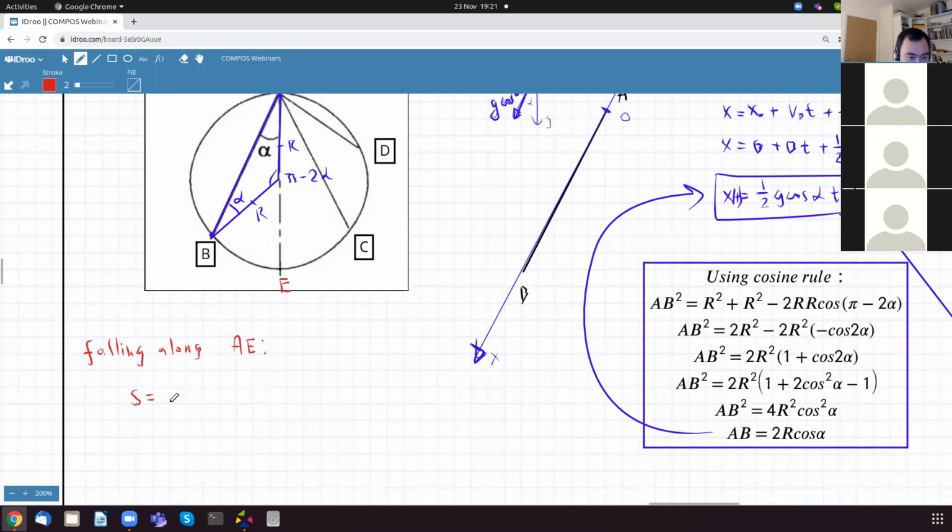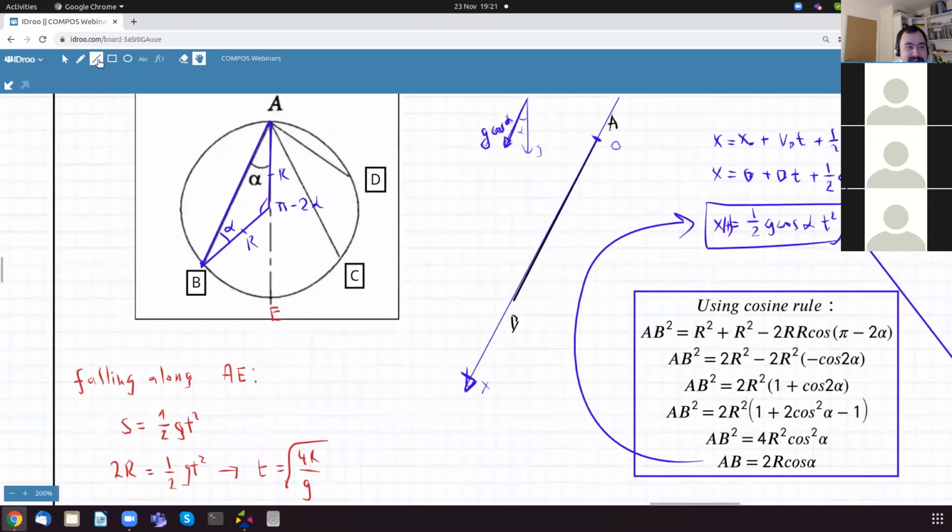S is equal to 1/2 g t squared, because literally it's free fall, with initial position 0 and initial velocity 0, and the distance to fall is 2r. So 2r is equal to 1/2 g t squared, and from here t is equal to the square root of 4r divided by g. So yes, it does not matter.